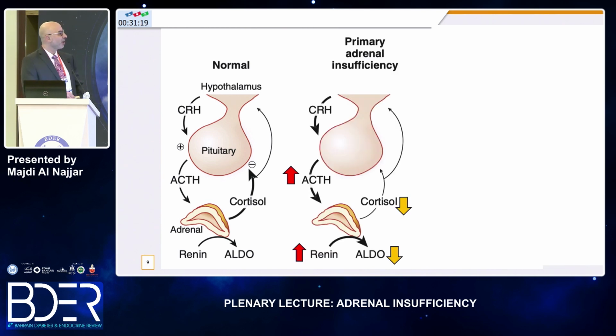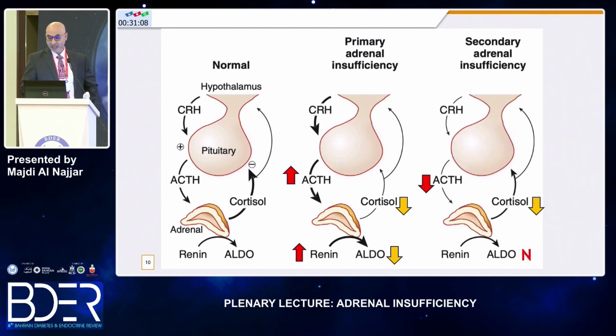If someone has primary, then we have destruction in the gland. We'll have elevation of ACTH, elevation of renin, low aldosterone, low cortisol, and low androgens. In tertiary or secondary, we have low ACTH, so cortisol is low, but aldosterone is normal because it's not affected; it's only controlled by the RAS system.